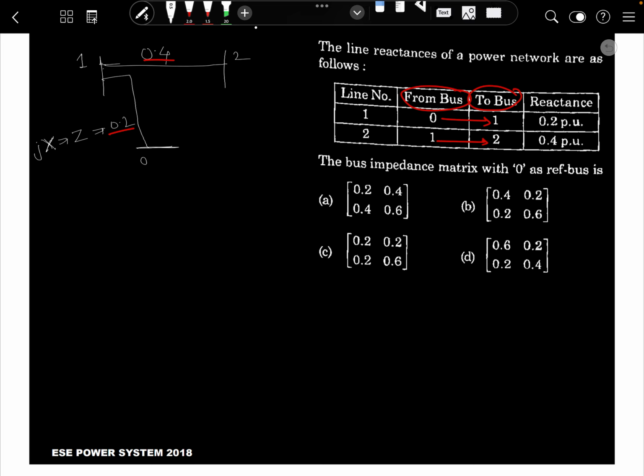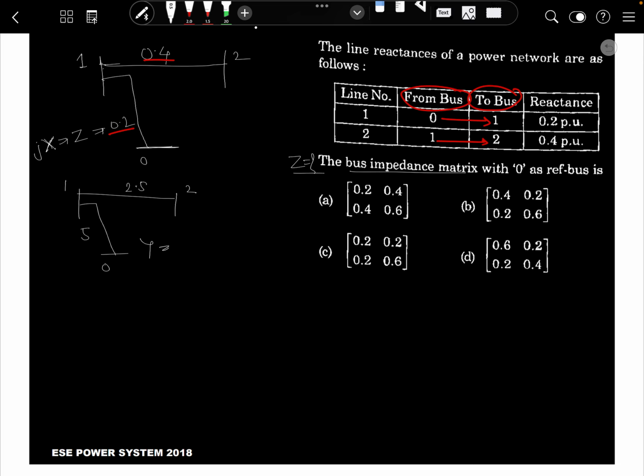Now we have to calculate the bus impedance, Z bus. We first calculate Y bus, which will also be easier. So we first convert this diagram into Y. Again 1, 2 and then 0, with values 5 and 2.5.